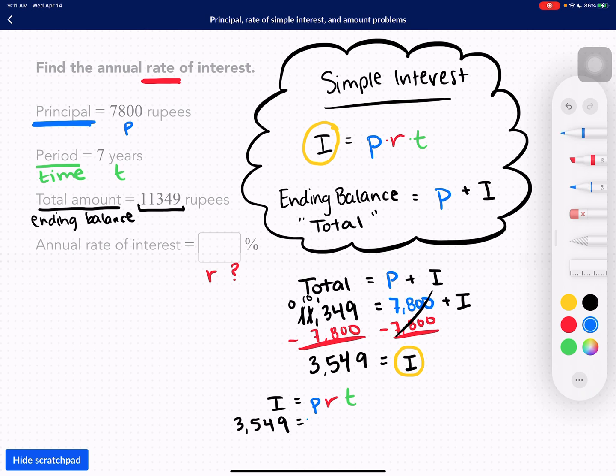My principal is 7,800. The rate, I don't know what the rate is. That's the one thing I'm solving for. But I do know that the time is 7. So these things are all being multiplied here. 7,800 times R times 7. So what we can do here is multiply together the 7,800 times 7.